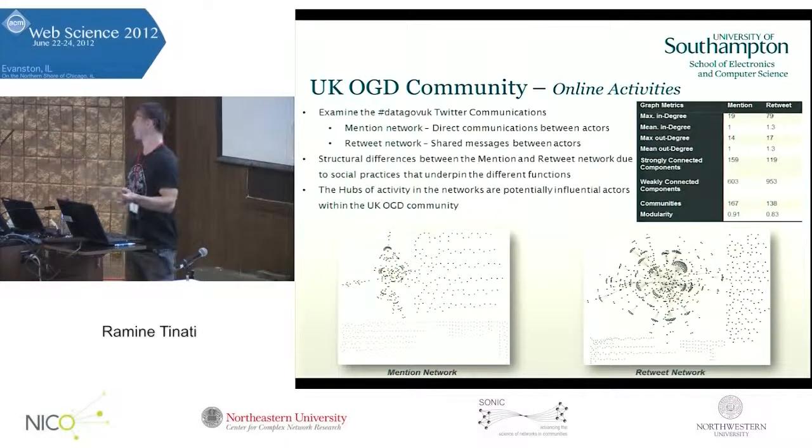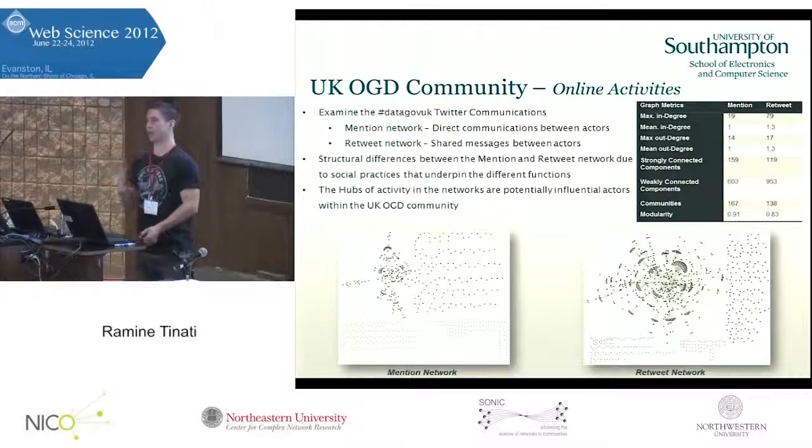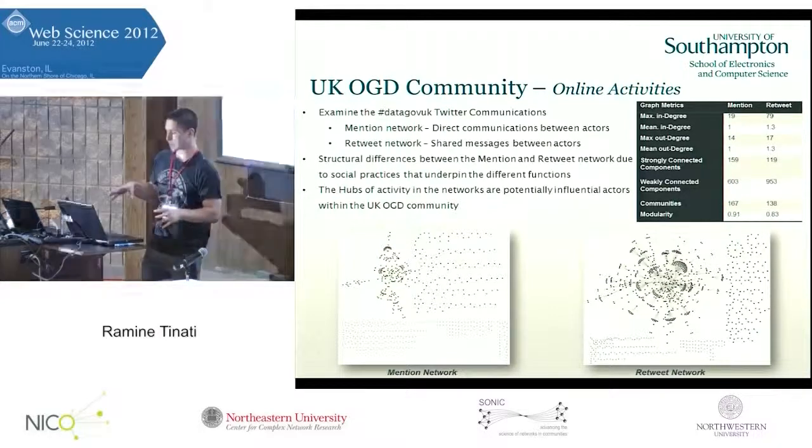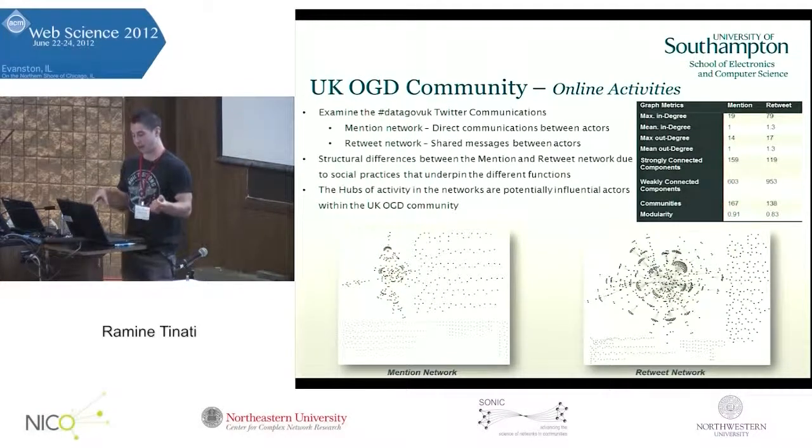So you get, as we talked about, the power law, the long tail effect, where only a few people are highly retweeted and the rest are talking in the background. And if you look at the mention network, we see smaller communities of people talking together rather than one strongly connected network.